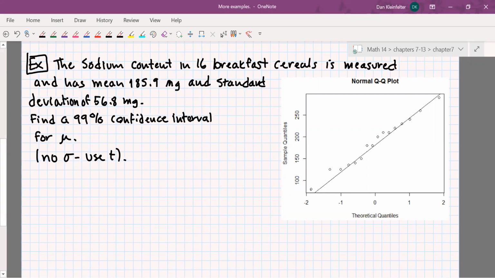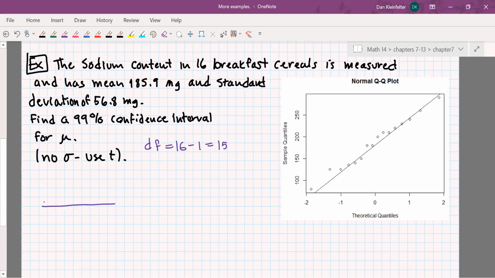We can take a look at that. It looks like the data mostly follow a straight line, so we'll go ahead and treat this as if it were normal. We don't have sigma though, so we will be using t. Our degrees of freedom is going to be 15.